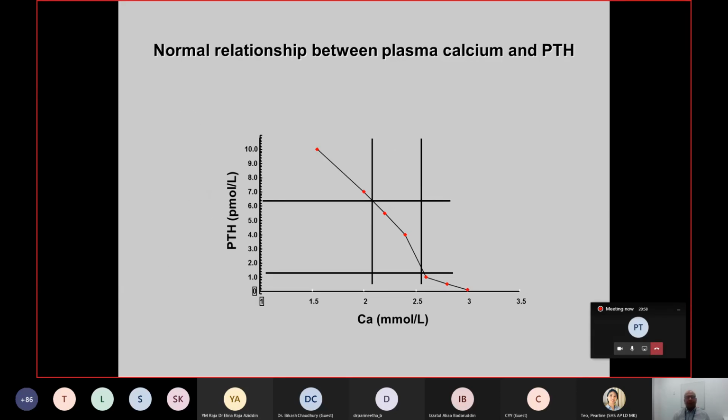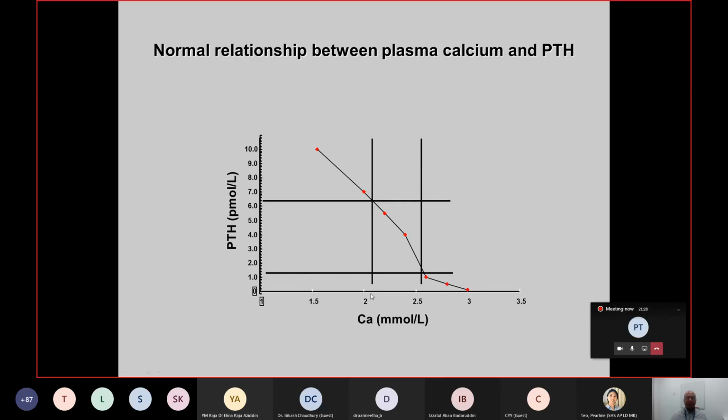So when we look at serum calcium or plasma calcium, we always look at it with PTH, and we need to understand the relationship between plasma calcium and PTH. And here I've given a graph which has plasma calcium on the horizontal x-axis and PTH in picomoles per liter on the vertical y-axis.